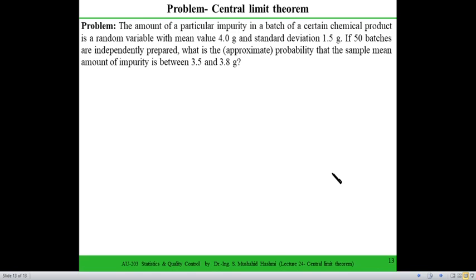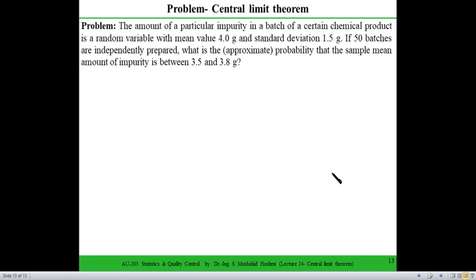Okay, now let's see this problem. The amount of a particular impurity in a batch of a certain chemical product is a random variable, so it can take any value, and its mean value is 4 grams with a standard deviation of 1.5 grams.